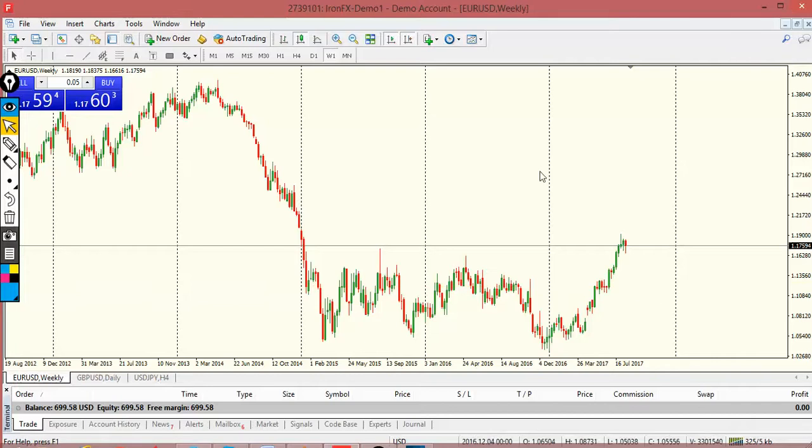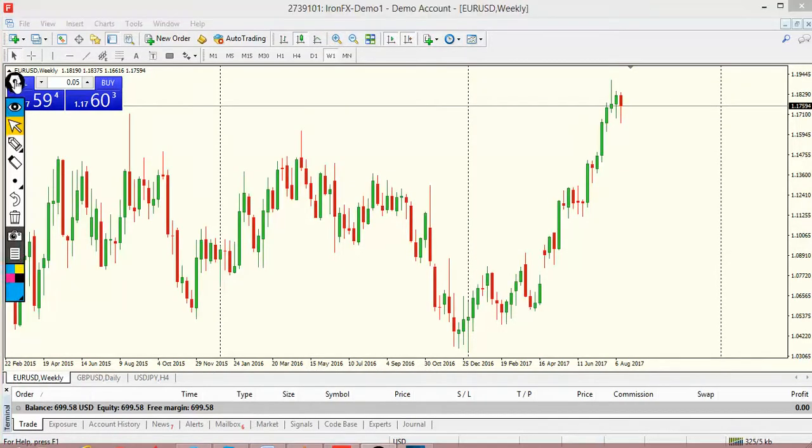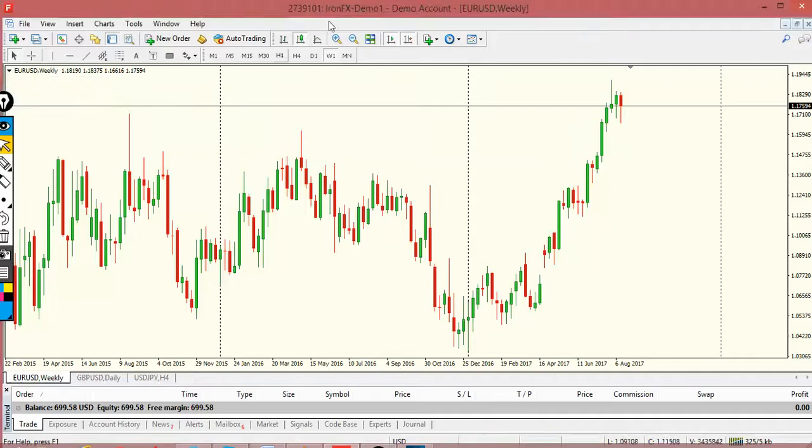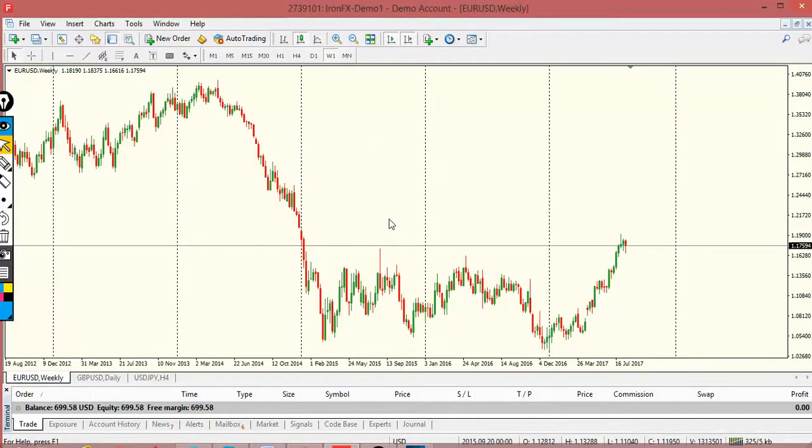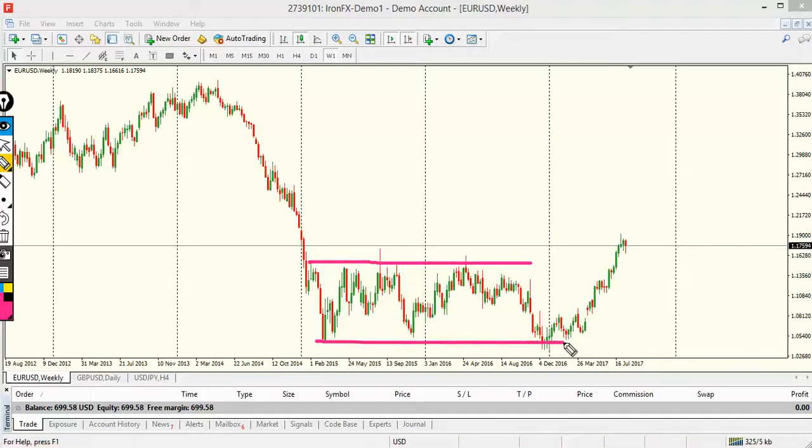Now this is the Euro USD weekly chart. You can see that for a point in time the market was kept in these two ranges.